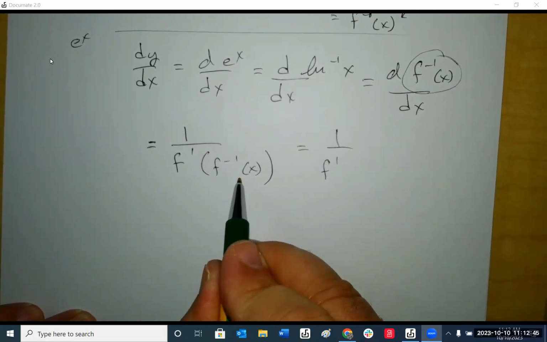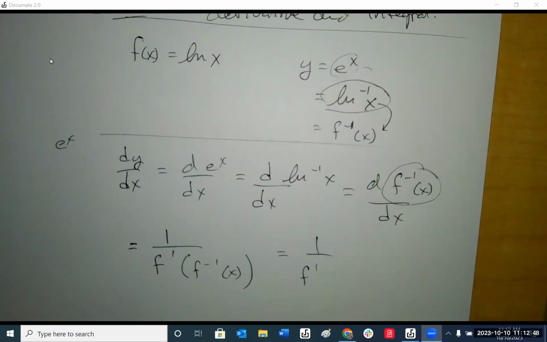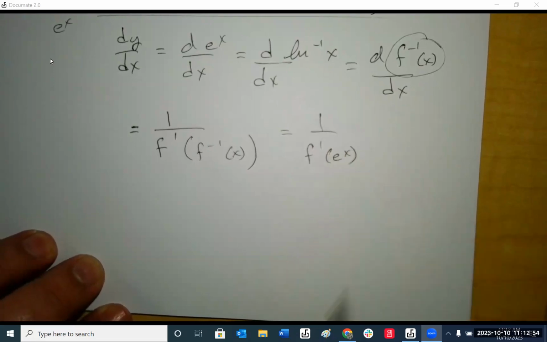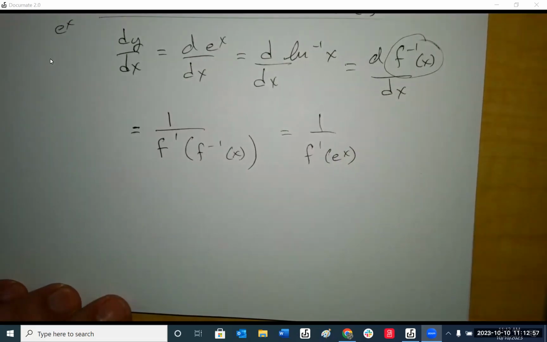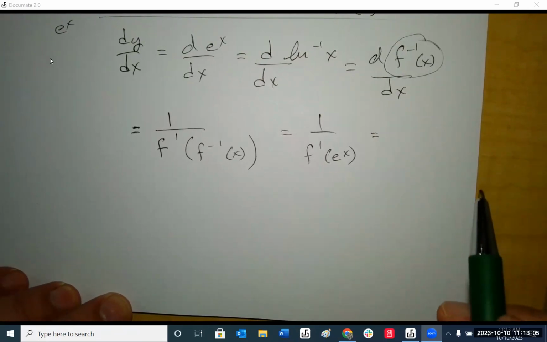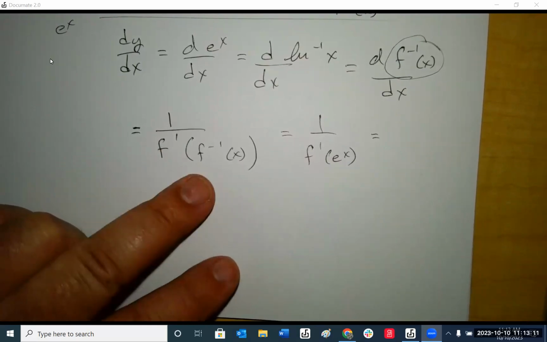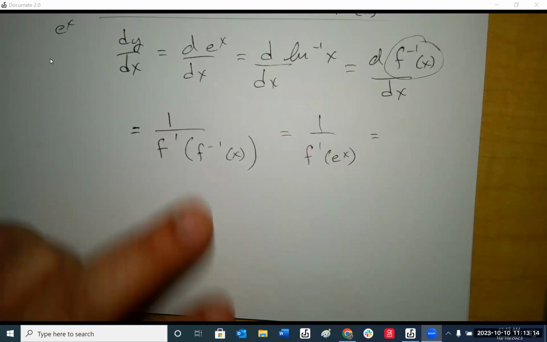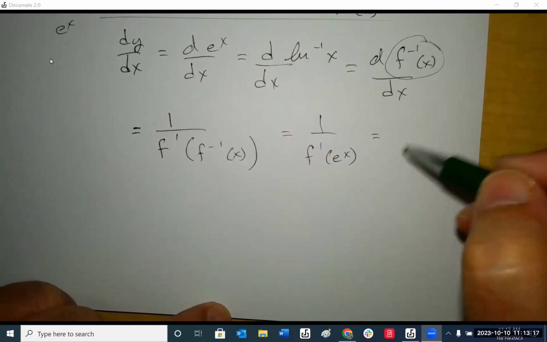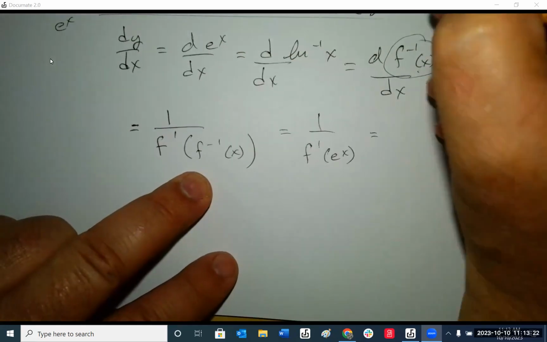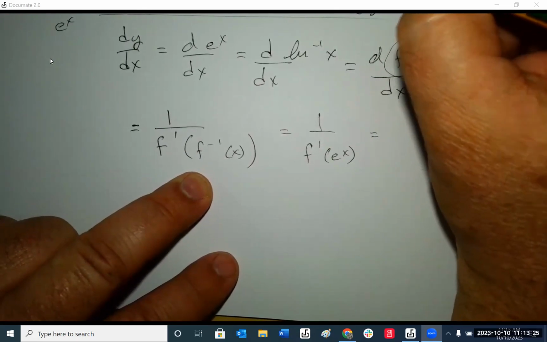The f inverse is equal to e to the power x. F inverse, which is inside there from chapter 5, is e to the power x.